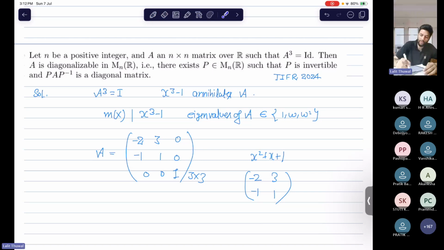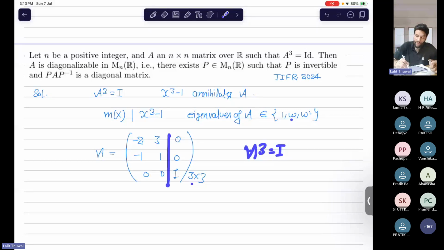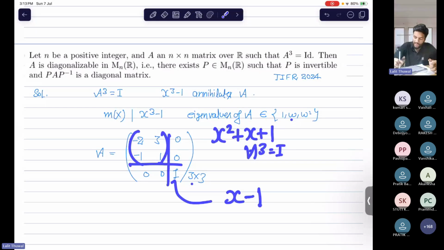So how do I construct an example? What do I want? I want a matrix which satisfies A cube equal to I and whose eigenvalues are omega and omega square also. So I take a 3 cross 3 matrix and make a block diagonal matrix. In one block I will put a matrix whose characteristic polynomial is x square plus x plus 1, and in the other a matrix whose characteristic polynomial is x minus 1.